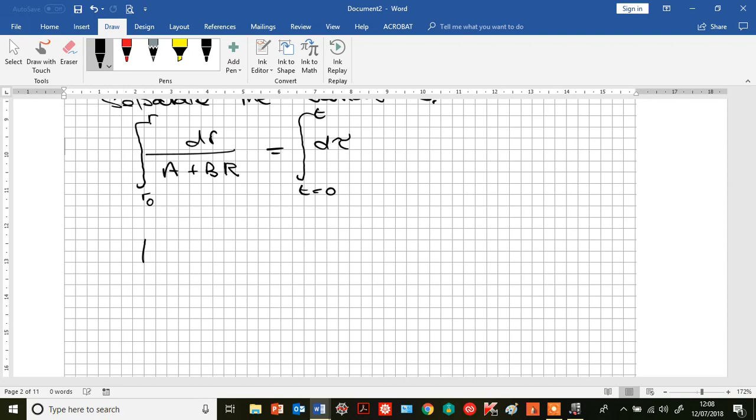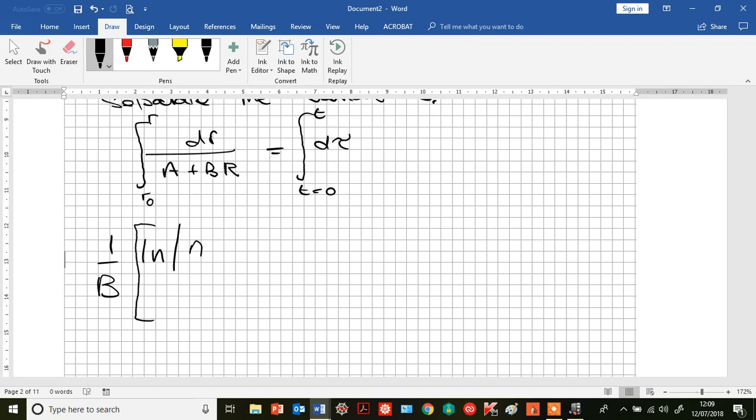Quite simply, if we integrate this, we get log of A plus Br, and of course you have to differentiate this part in the denominator so that you get 1 over b, and in fact what I'll do is I'll just put the 1 over b there and put a bracket round that.